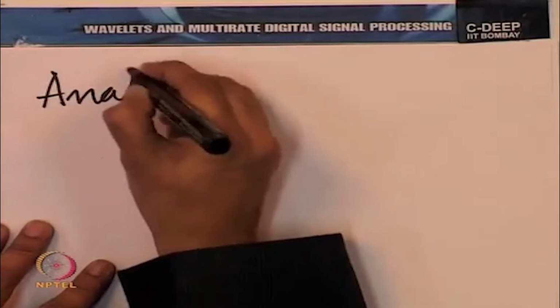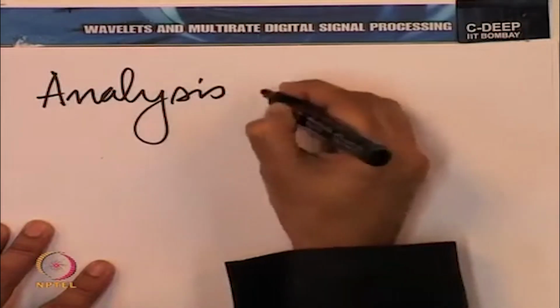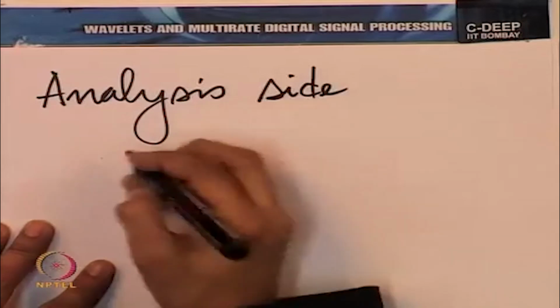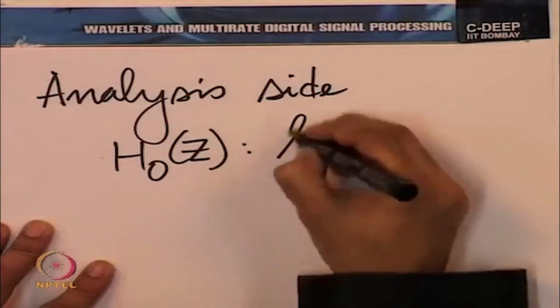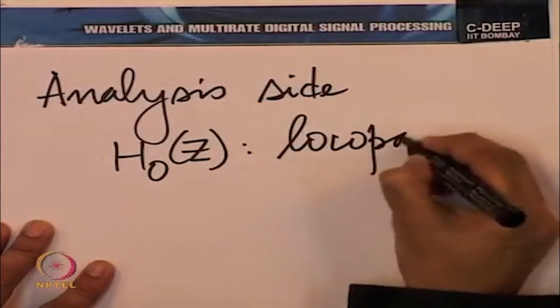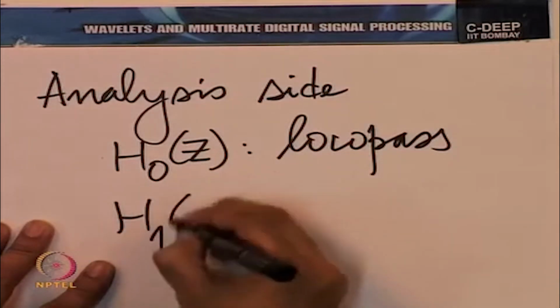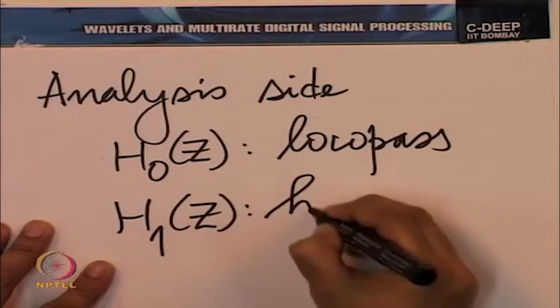Analysis side, H 0 Z, the so called low pass filter, and H 1 Z, the high pass filter.